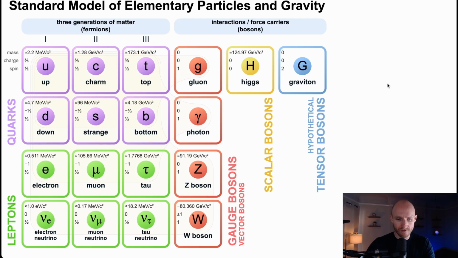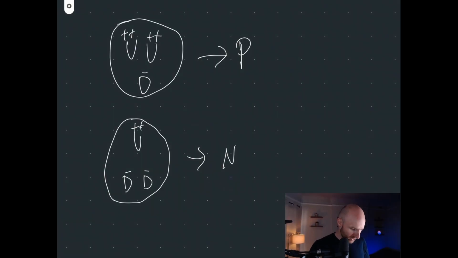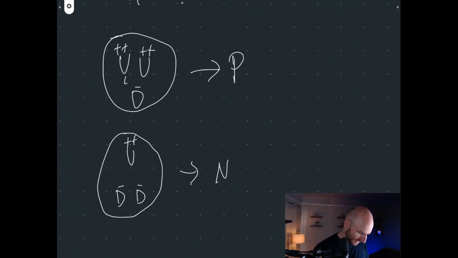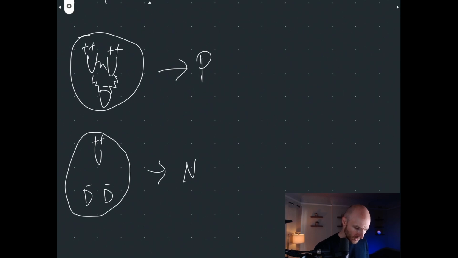The way I think about it is that there are little pieces of glue that go in between the up quarks and the down quarks. And that's a gluon. A gluon is part of what's called the strong nuclear force.